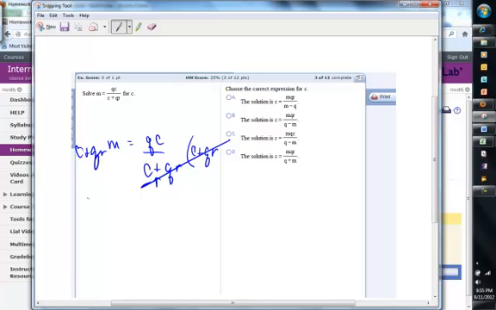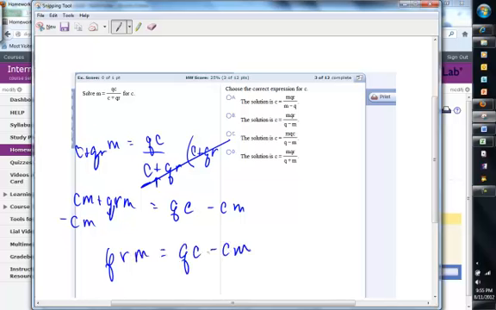That'll take care of the denominator, and you have CM plus QRM equals QC. Now, let's subtract CM from both sides, and you get QRM equals QC minus CM.